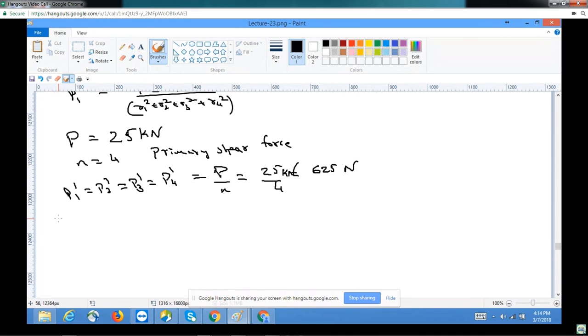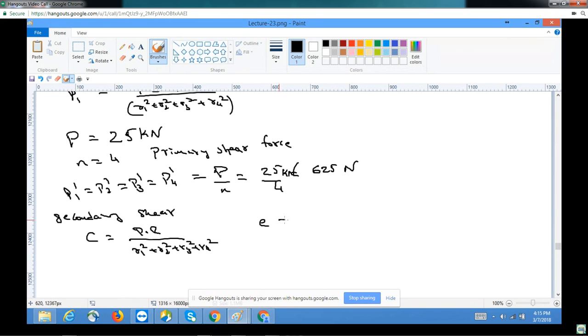Second is the secondary shear. We know that our C is given by P into E divided by R1 square plus R2 square plus R3 square plus R4 square.